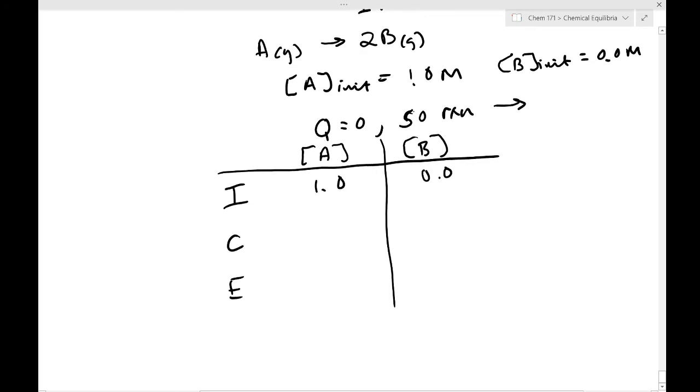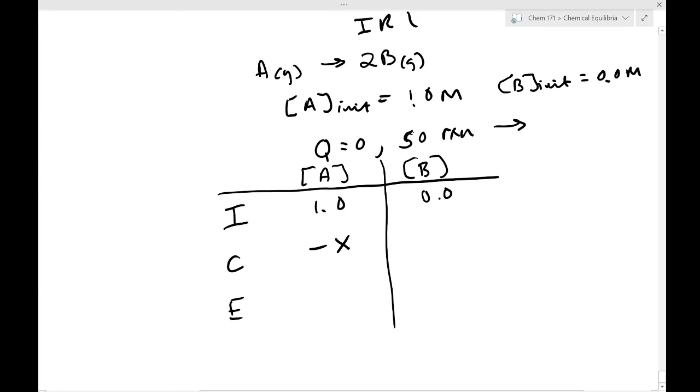Okay, so I don't know the exact value, but I can represent this as a variable. So I'm going to say that A decreases by a value of negative x. Okay, and therefore if A decreases by x, that means that B, due to the stoichiometry of the problem, must increase by 2x. Okay, so for every 1 x of A that you take away, you must create 2 x's of B. Okay, and then at equilibrium we have 1.0 minus x, and we have B is 2x.